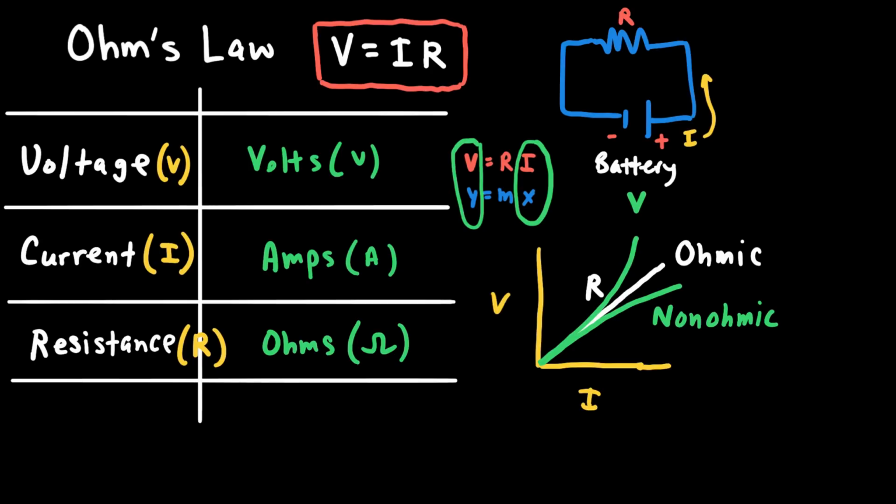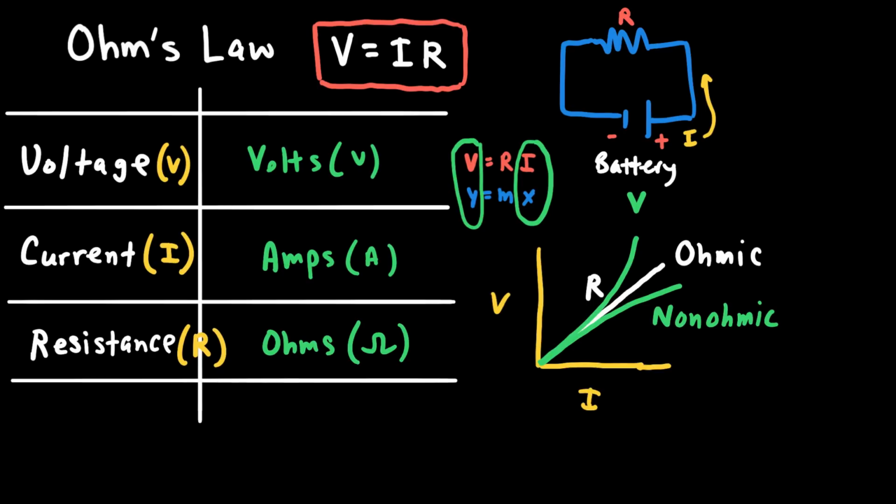Really what V equals I times R is telling us is that for materials that are ohmic, for materials that follow Ohm's law, a graph of V versus I produces a constant slope which has a value of R. And what we're going to find is that most of the objects we'll study are ohmic, or we'll treat them as ohmic, or at least for a certain range of voltages and currents they are ohmic. If we go outside of that, then maybe they're not ohmic, but at least for the range where we're going to study them, maybe they're ohmic, and we can use Ohm's law to understand those circuits.